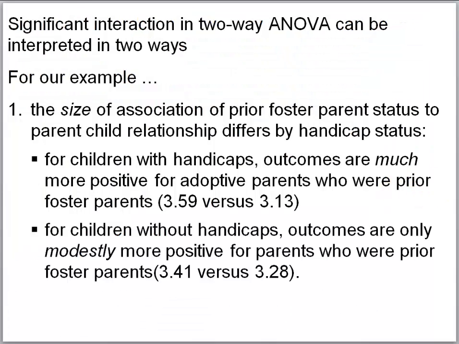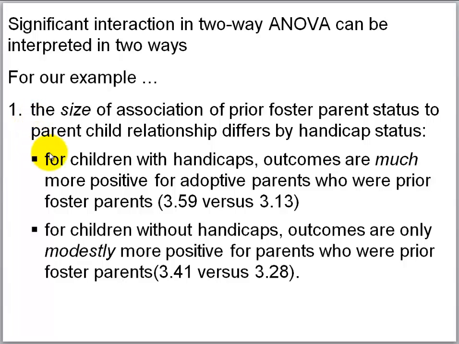Again, interaction is the notion of different relationship in different groups or different relationship in different situations. So one way that we can interpret our interaction is this, that is that the size of association of prior foster parent status to parent-child relationship differs by handicap status.